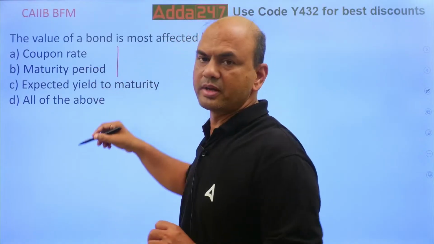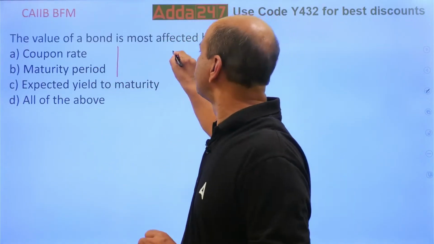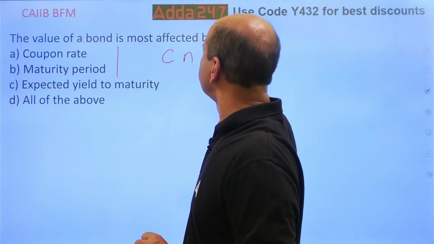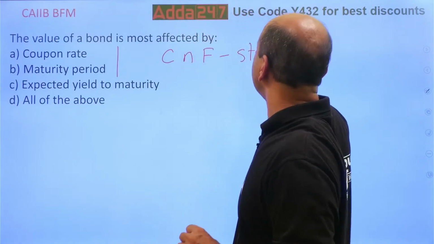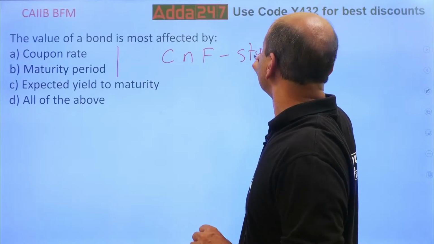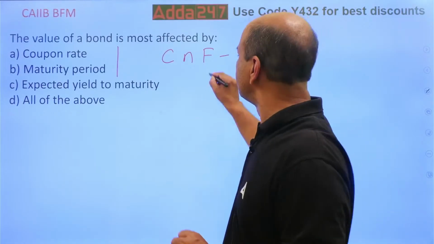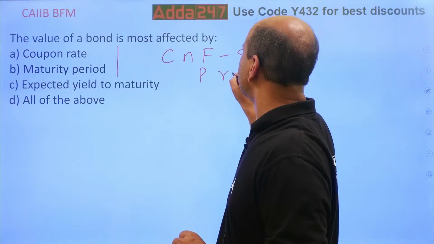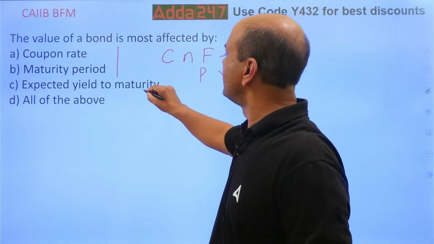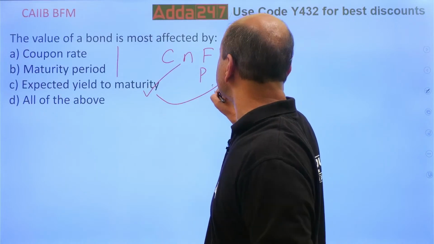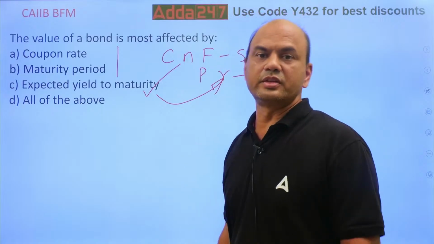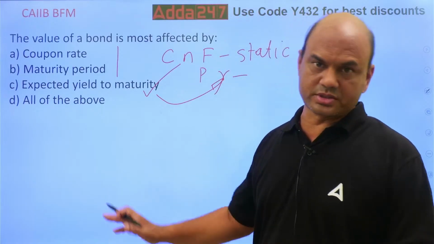Coupon, maturity, period, so C, N and F, are static. They don't affect the bond value that much. Present value P and R are dynamic, they will affect. Yield to maturity is R, so this will affect the bond price the most.